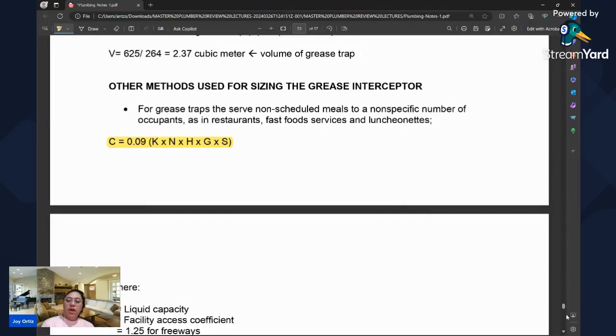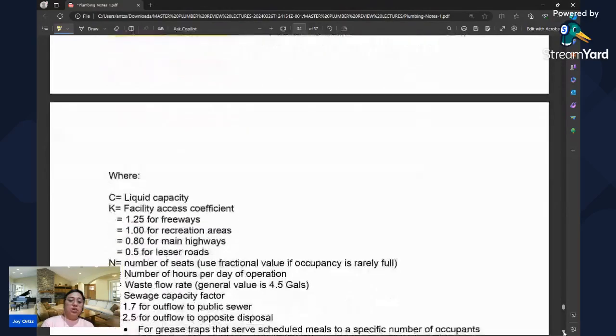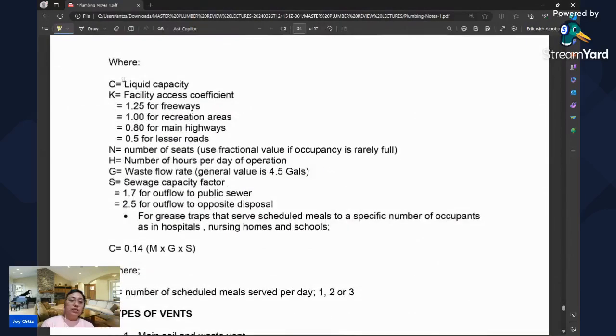Where C is the liquid capacity. K is the facility assessment coefficient: 1.25 for freeways, 1 for recreation areas, 0.8 for main highways, and 0.5 for lesser roads.